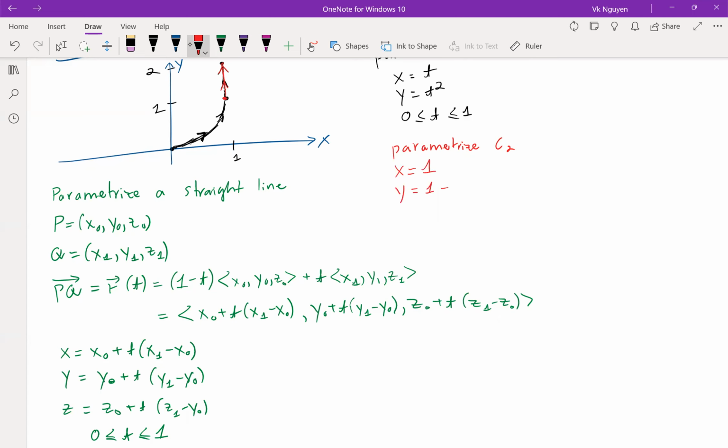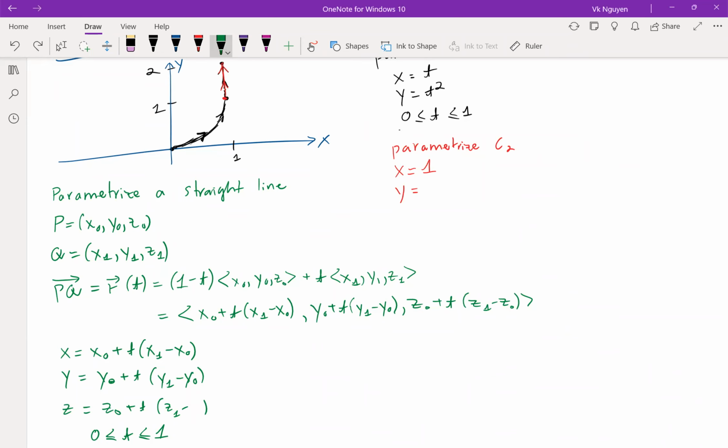Oh yeah, z1 minus z0, I write so fast. So y is 1 plus t, with 0 less than or equal to t less than or equal to 1.